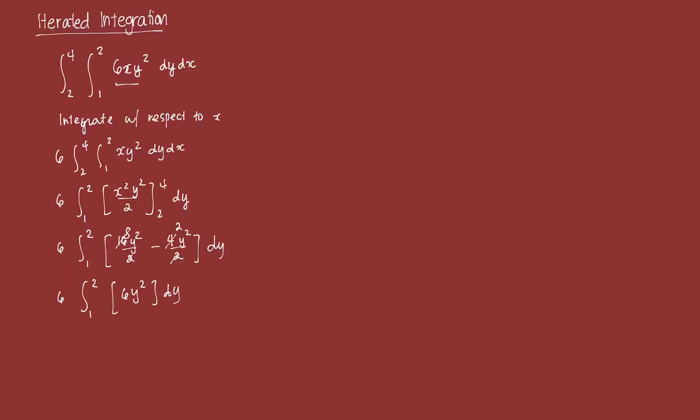So let's integrate now with respect to y. We're going to have 6. We can factor out 6, but since the solution is so simple, we can just plug it in. The integral of y squared is y cubed over 3.